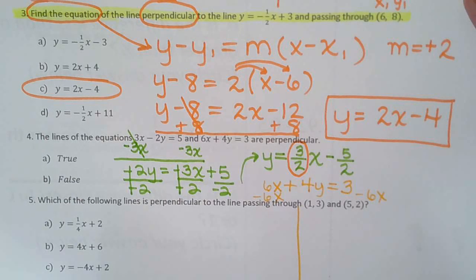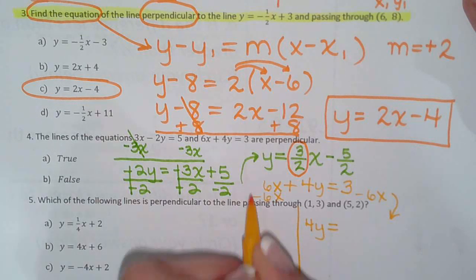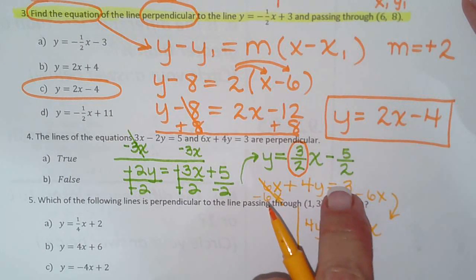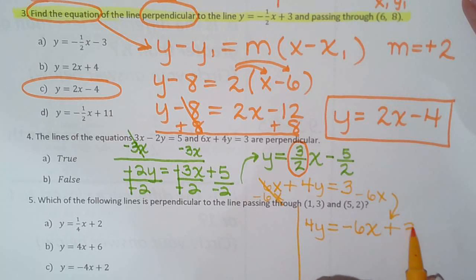I'm just going to put the work over here. So that leaves us with 4y equals, this cancels. So rearranging the order, we have a negative 6x and a positive 3. Divide everything by 4. Remember, don't skip any terms.